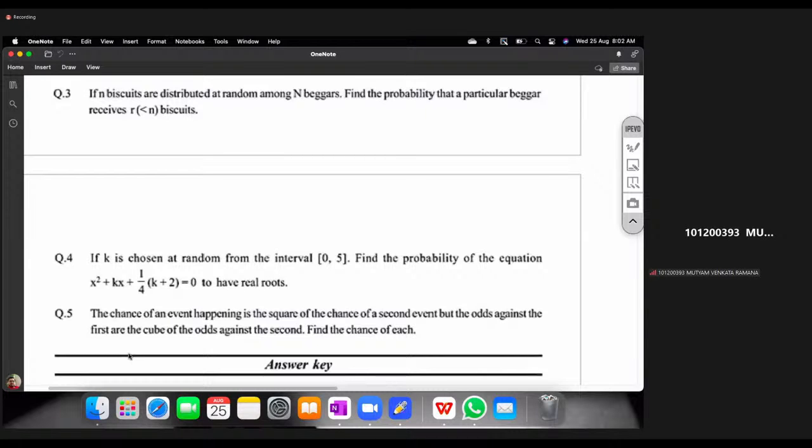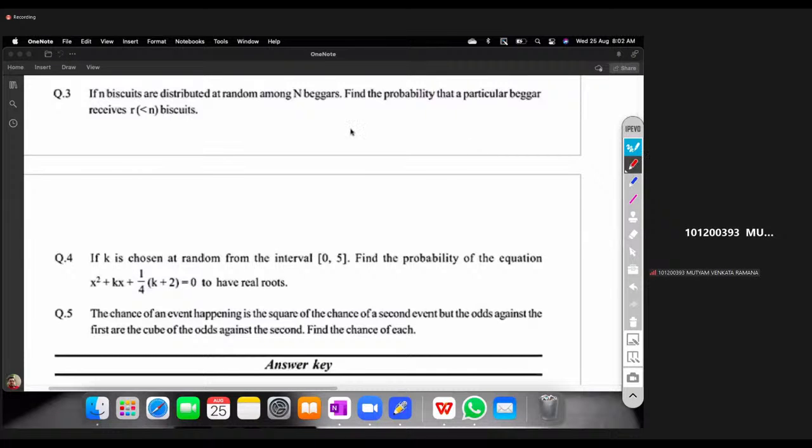Yes. Let us look at the first question. If n biscuits are distributed among n beggars, find the probability that a particular beggar receives R biscuits.